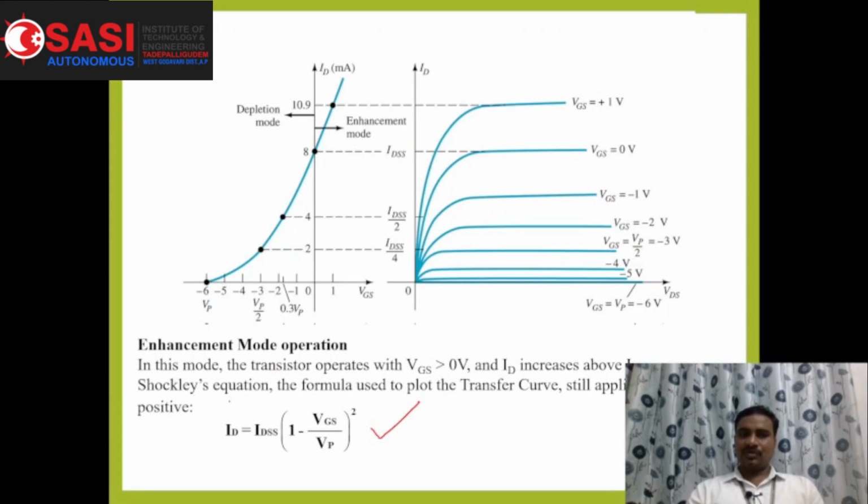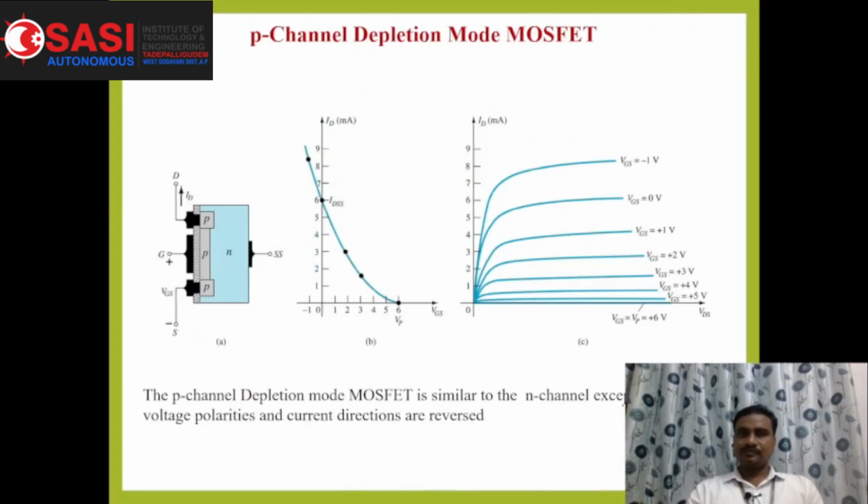That is the Shockley equation. The formula used to plot the transfer curve still applies, but VGS is positive. This formula can be used for both depletion mode and enhancement mode of operation, but the voltage applied is different. In enhancement mode of operation, a positive voltage may be applied to the device.